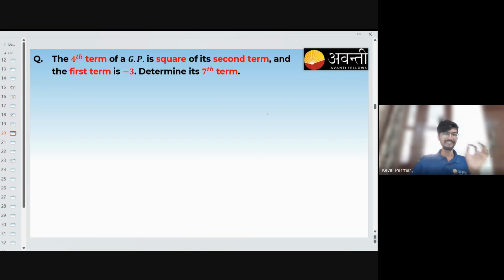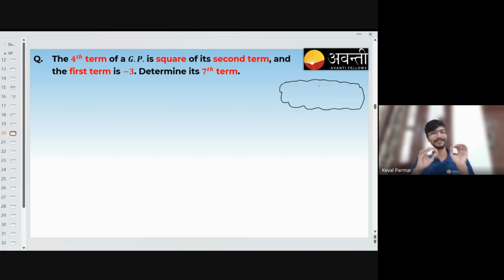So here we have A and R, which are two unknowns. So that means I have to make two equations. So that means two conditions should be given in the question. I have told this, and I say this every time in every lecture, because the ones who have been listening to me from lecture 1 might get bored, but no, beta, it is very important.